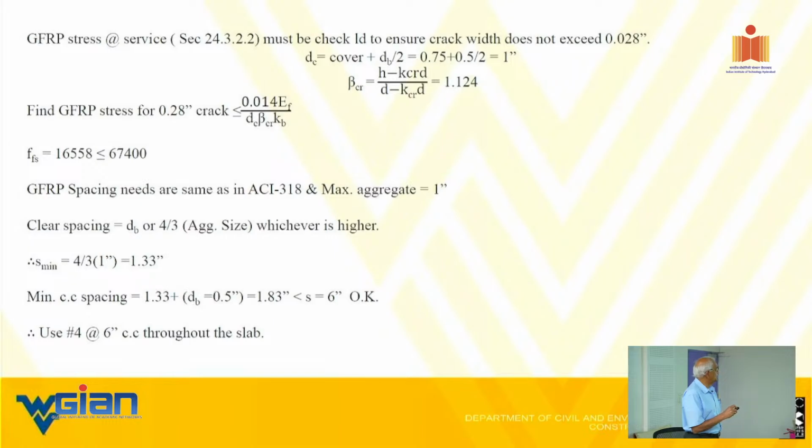If you substitute all the values for 0.28 inch crack width limit state, substitute EF is 6,000 or 6,500, and these values which we computed earlier, this is 0.106, whatever I computed earlier. Oh, there it is, 1.12, the DC value computed earlier, all that will result in a value which is far higher than the amount that is induced from the external load, therefore we are good.